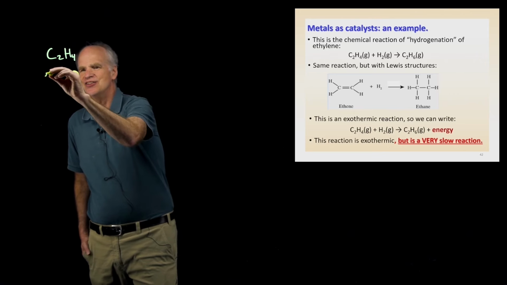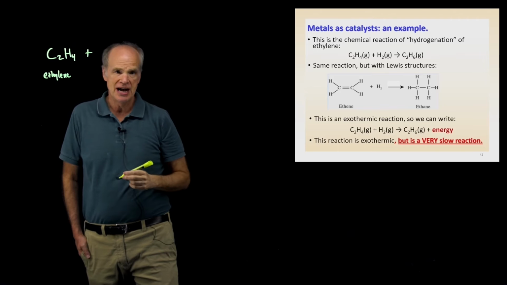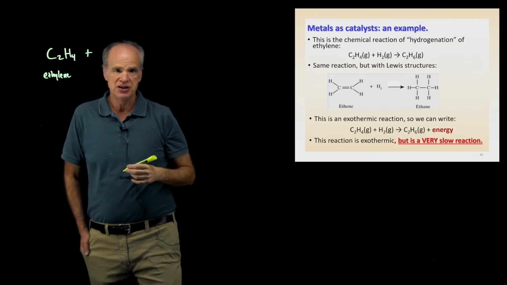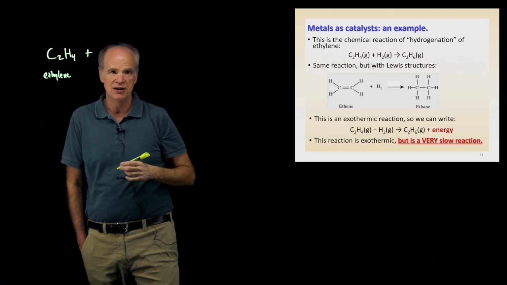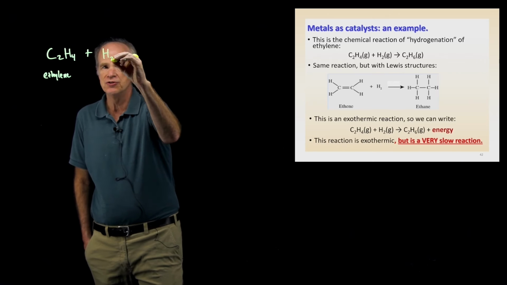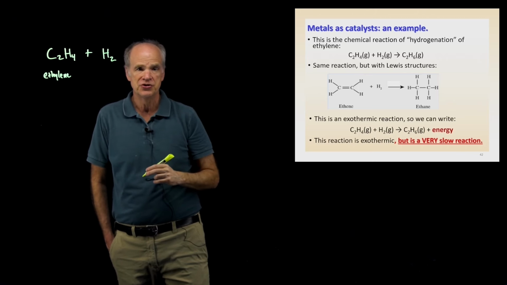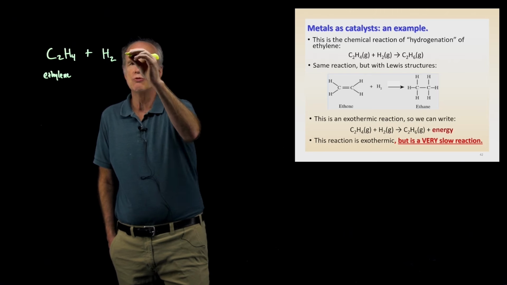And then you can mix it with another gas, hydrogen gas. Hydrogen gas is a diatomic molecule, so it's two hydrogen atoms stuck together, so its formula is H2. And you can put these molecules together, and under certain conditions, they will react with one another.